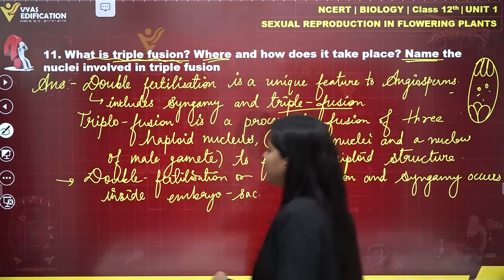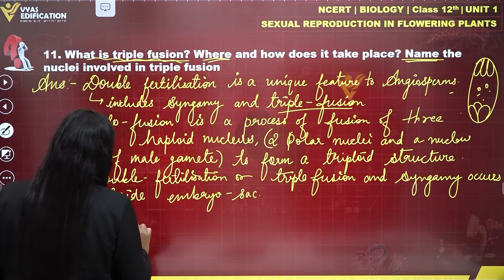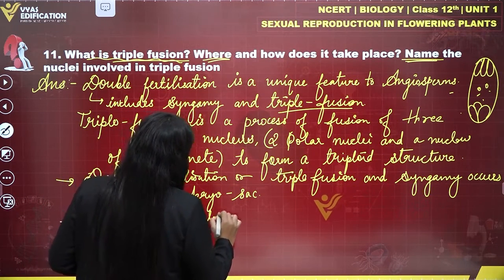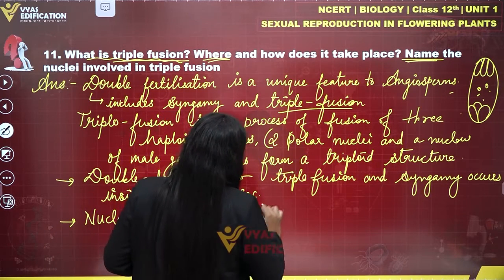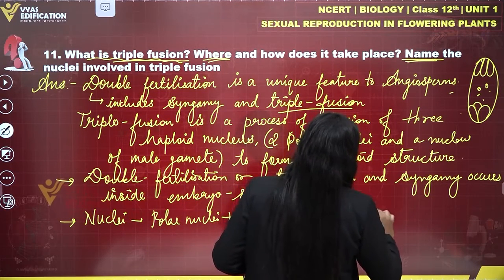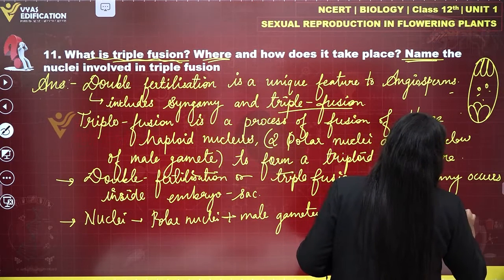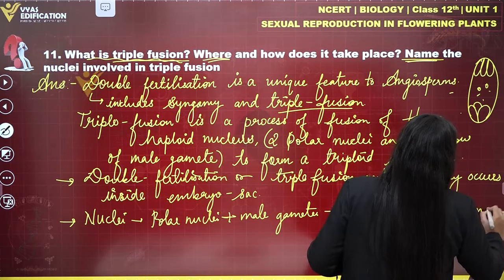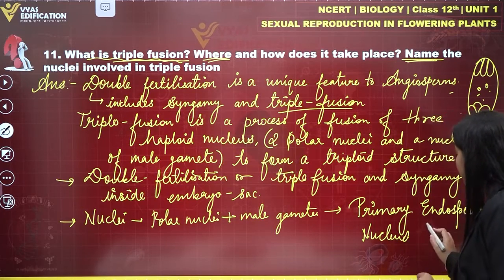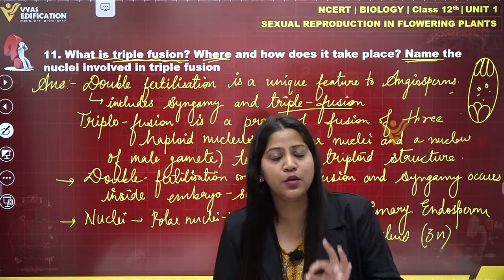The nuclei are the polar nuclei, and when they fuse with the nucleus of the male gamete, it gives rise to the primary endosperm nucleus, which is triploid in nature, as it is composed of 3 nuclei.